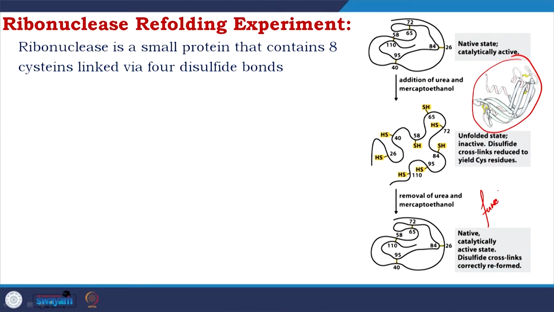So, functional means folded, and the assay I mentioned, Anfinsen used it. So, he purified the protein and did the assay, and the protein is able to generate red color, which means the protein is folded.